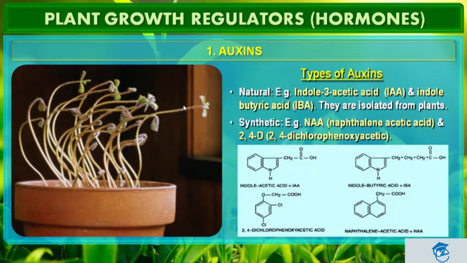As I just taught you, a Dutch graduate student whose name was F.W. Went described Auxin in the year 1928, and he chose the name Auxin from a Greek word, auxein, which means to grow. So the main function of Auxin is to help plants grow.